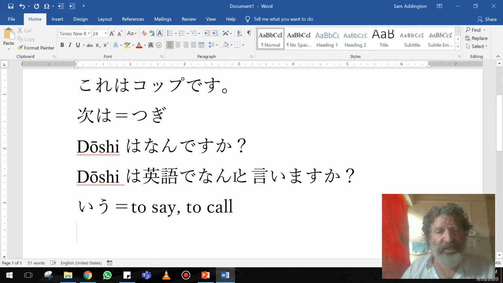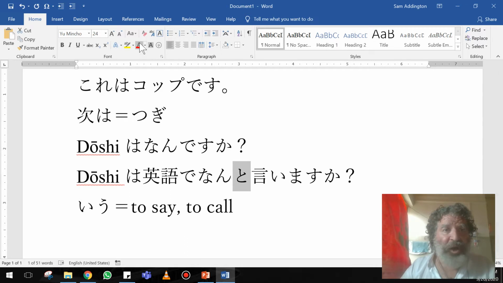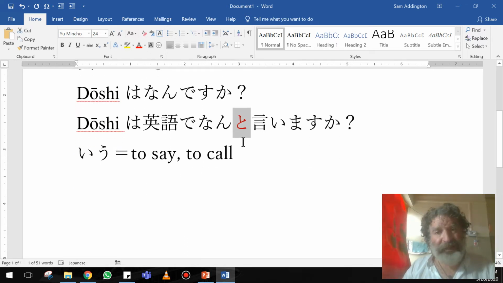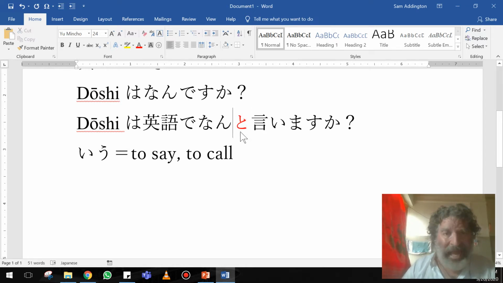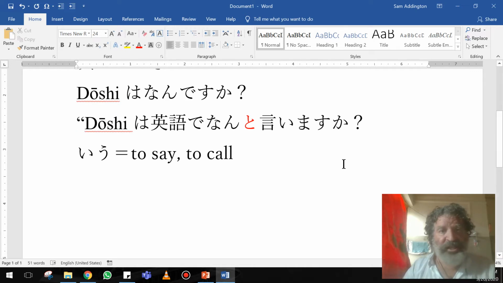And notice this to here. This to is a particle. It can be used to mean and, but in this case, it's used to join a quotation area.